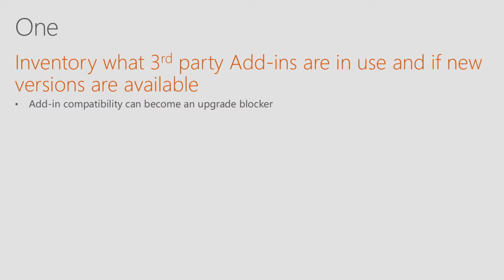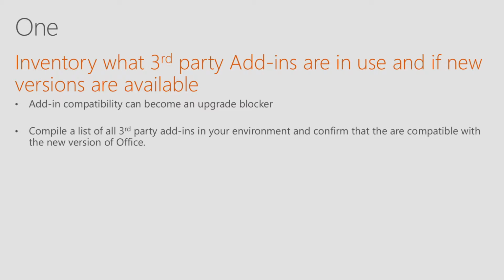You want to take an inventory of them, and sometimes it's not very easy, depending on the size of your organization. And more importantly, you may have been collecting add-ins for a number of years, and you don't really know which ones are really in use in your environment at the moment. Some of them may have been obsolete, and people are not using them anymore. So it becomes quite a difficult task if over time you've collected a lot of them.